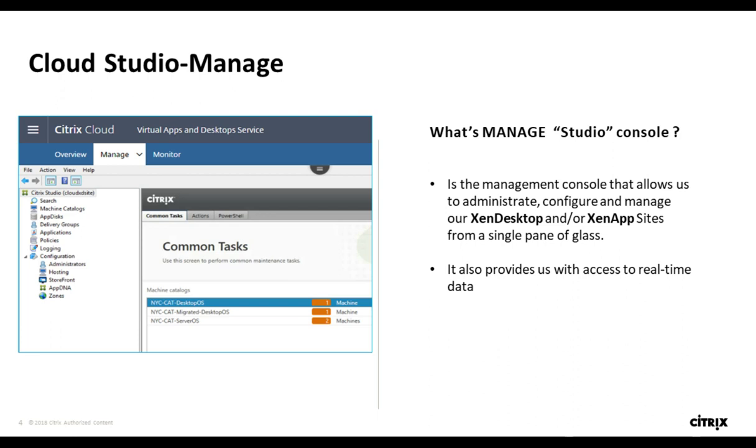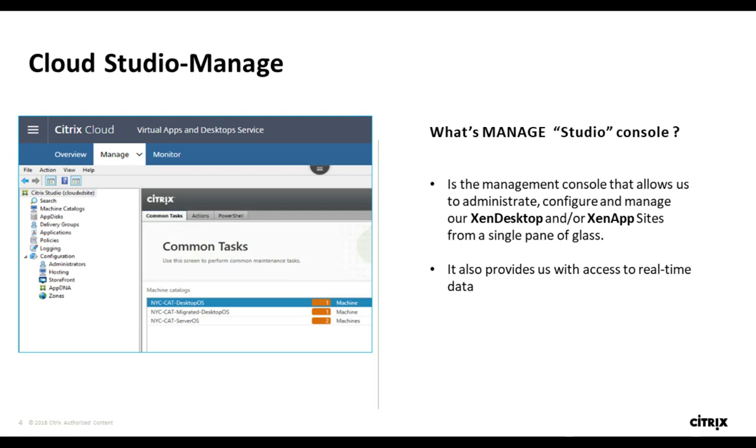The Manage console also allows you to execute some troubleshooting tasks. You can run several self-diagnostic tests on your host connections, delivery groups, and machine catalogs. Depending on the size of your site, the number of machines and policies, this will take at least a couple of minutes. When done, it will let you know about any issues or errors that it might have found.